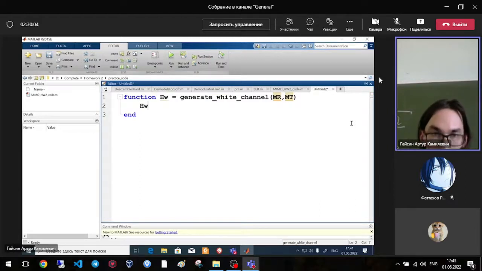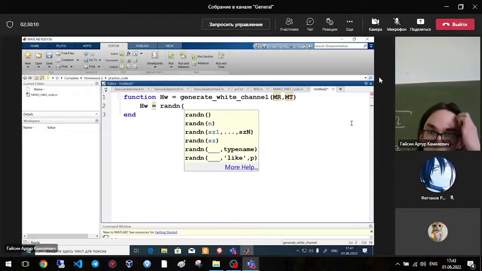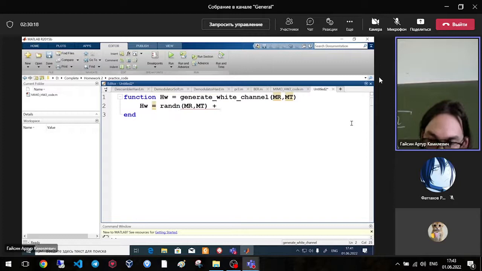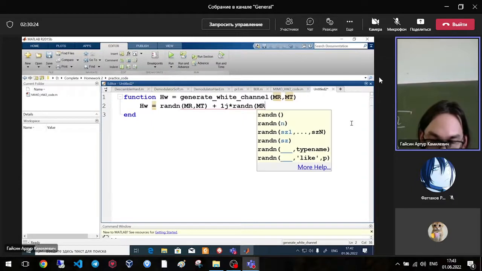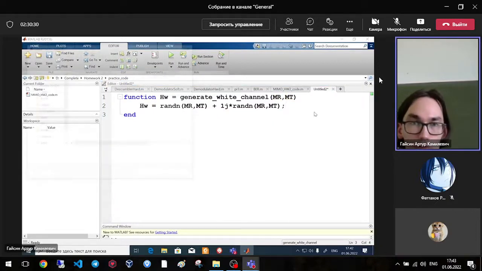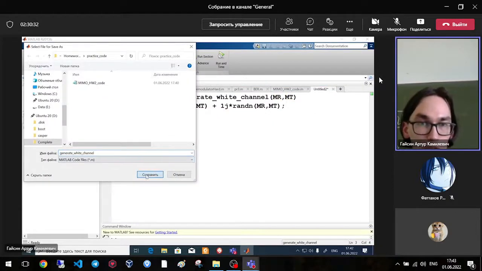And HW is just random with normal distribution. First, number of receive antennas. Second, number of transmit antennas. Then plus 1 times j, random, normal distribution, MR, MT, and close. So let's save this as generate white channel.